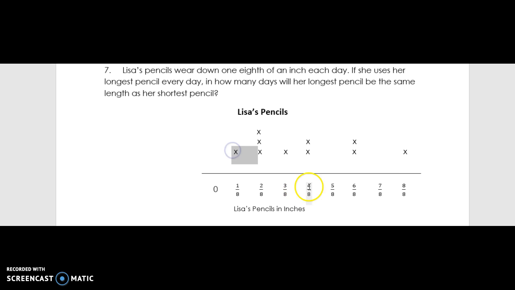I told you that denominators that are the same don't need to be touched. So you're basically doing 8 minus 1, or how many days you can count backwards. So you could go 1, 2, 3, 4, 5, 6, 7. Or you could do 8 minus 1, which gets you 7. So how many days? 7 days.